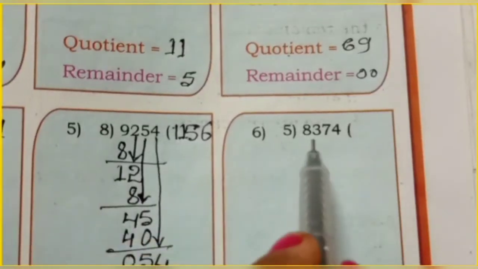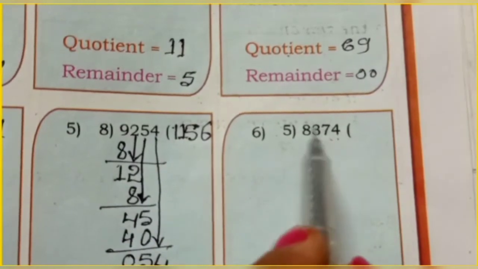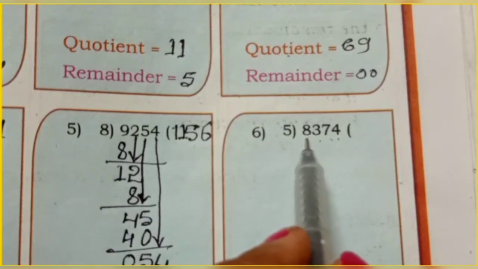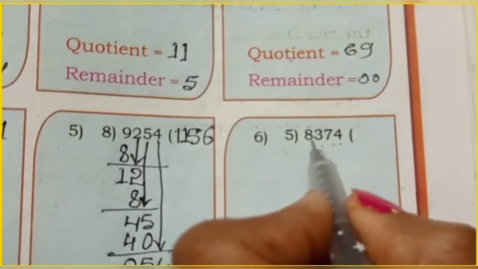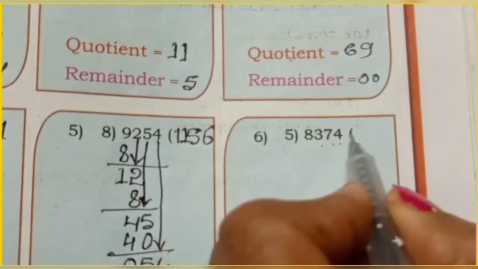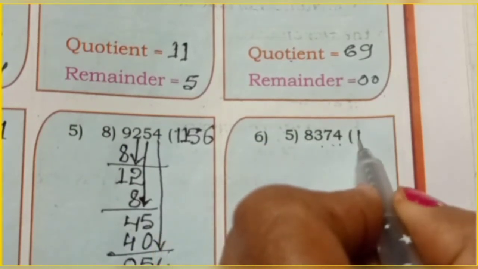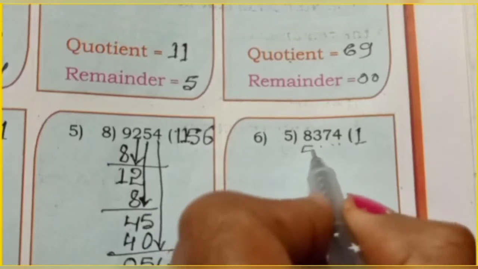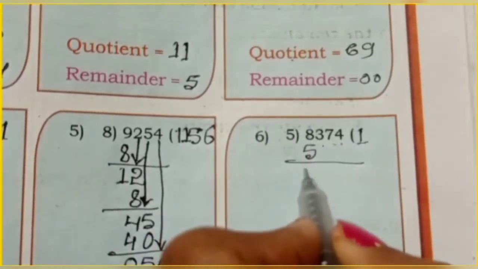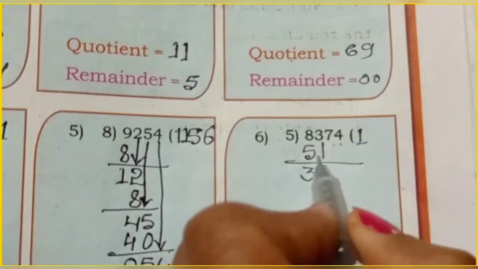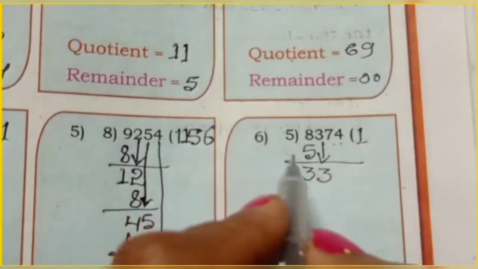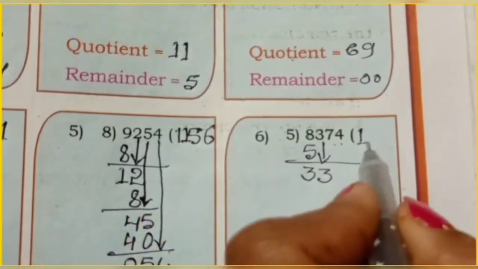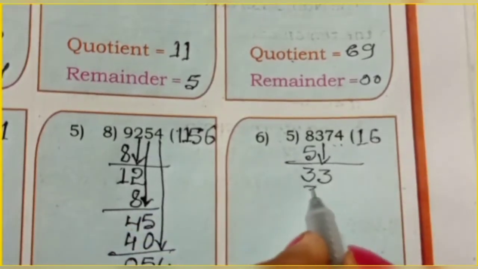Now sixth question, 8374 divided by 5. Now we divide 8,000. So one time we divide, 5 ones are 5. Write 1 as the first digit of the quotient and write 5 here. 8 minus 5 is 3. Now bring down 3. 33 divided by 5. So 5 sixes are 30.